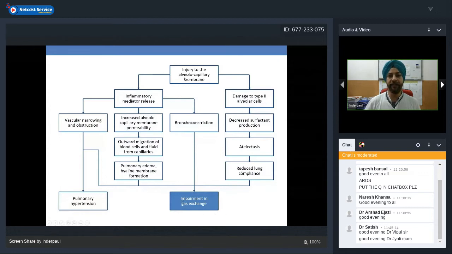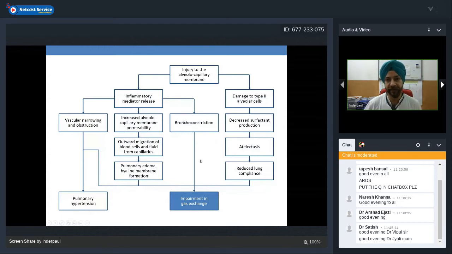On the other hand, the same injury can also cause an inflammatory mediator response. It can cause bronchoconstriction, vascular narrowing, causing pulmonary hypertension. There will be capillary leak, leading to pulmonary edema and hyaline membrane formation. All these things are seen in all the garden variety of ARDS that we see.